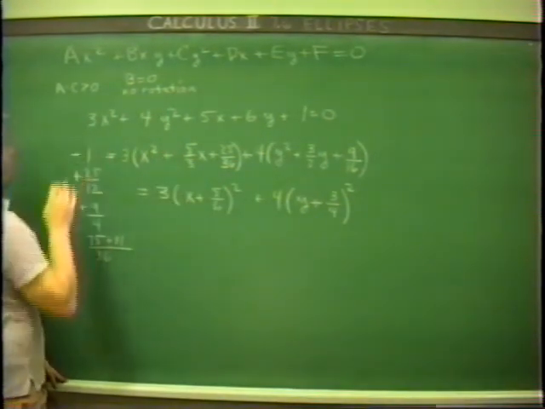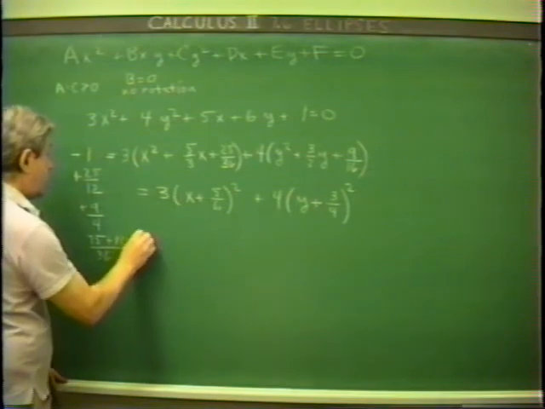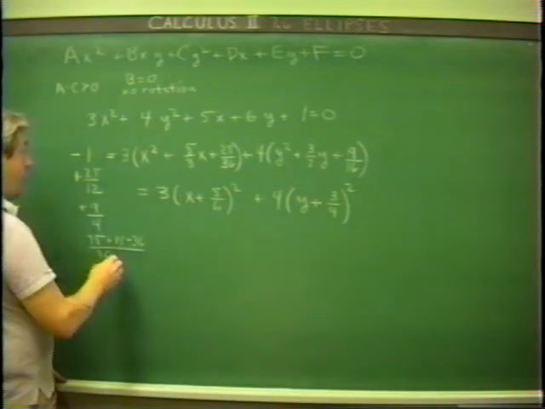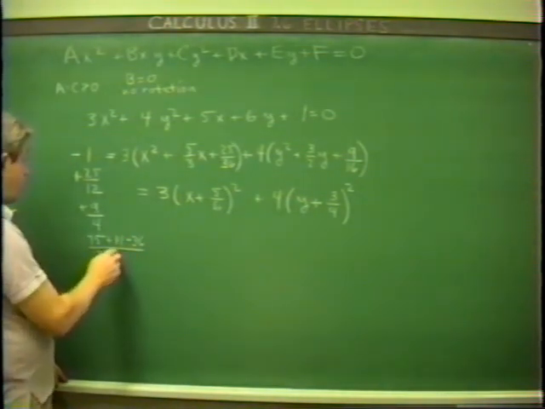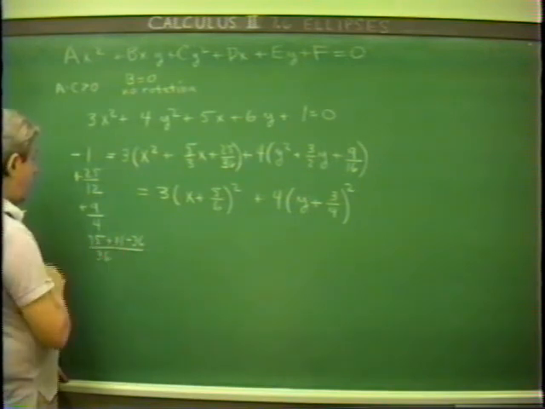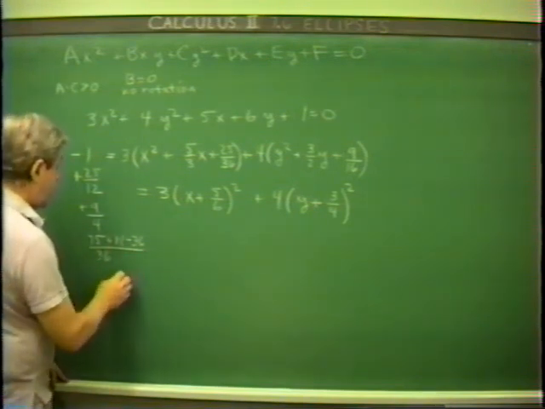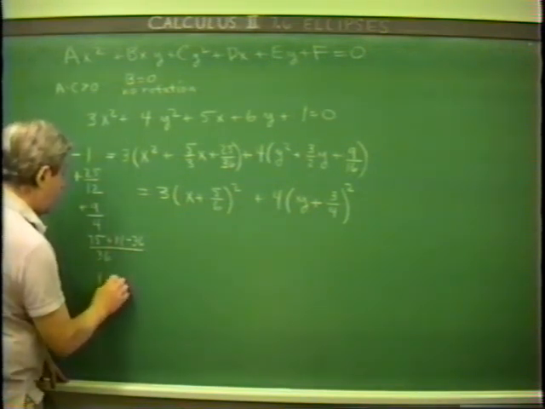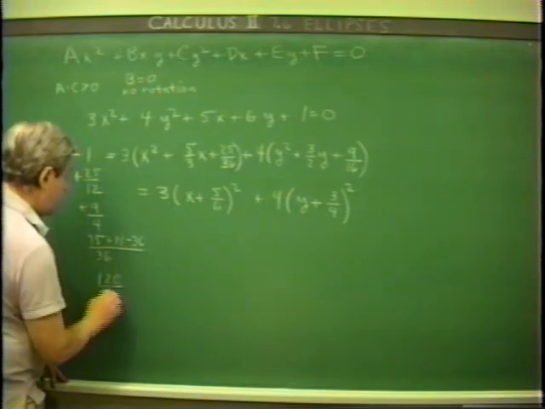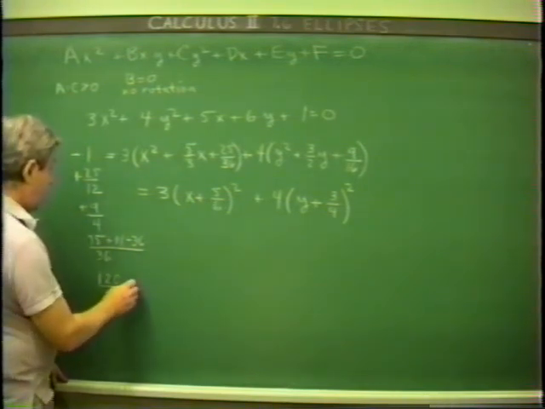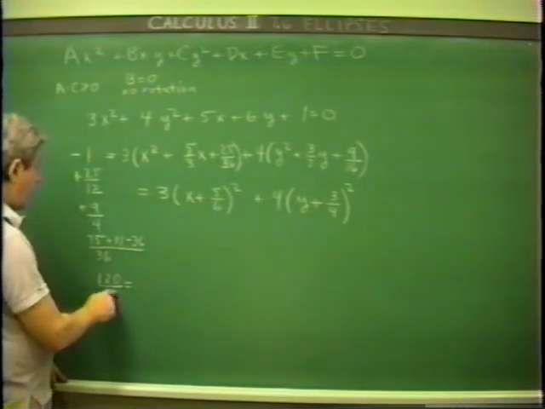I'm going to change the 7 to a 1, so that over here we subtract 1, and here we subtract 36/36, and we get that this is equal to 75 and 81 is 156, minus 36 is 120/36, so we get 120 over 36.